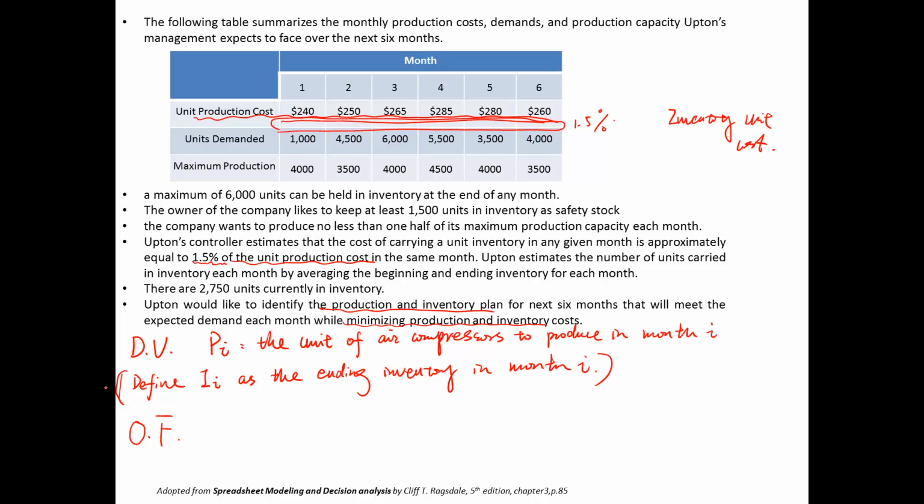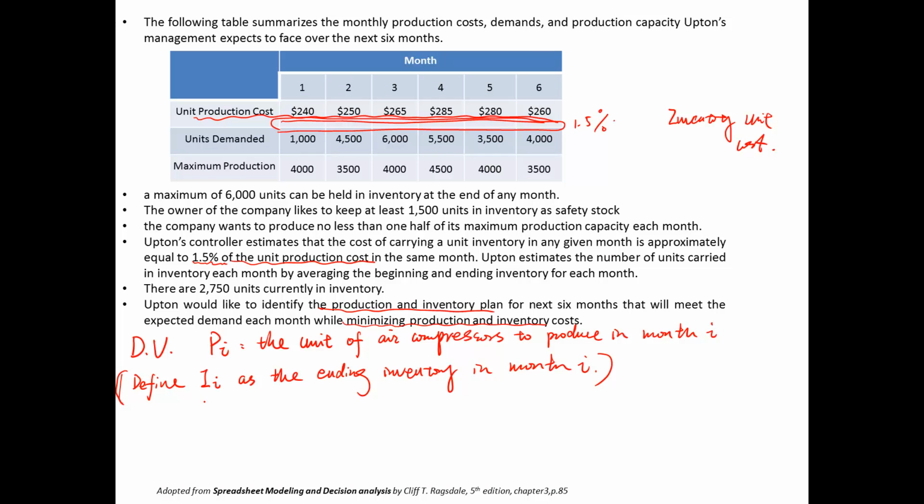If you would like to define another variable to represent the average inventory, so that the objective function is shorter, you can do the same. It's not that long, but I'll show you the two ways.